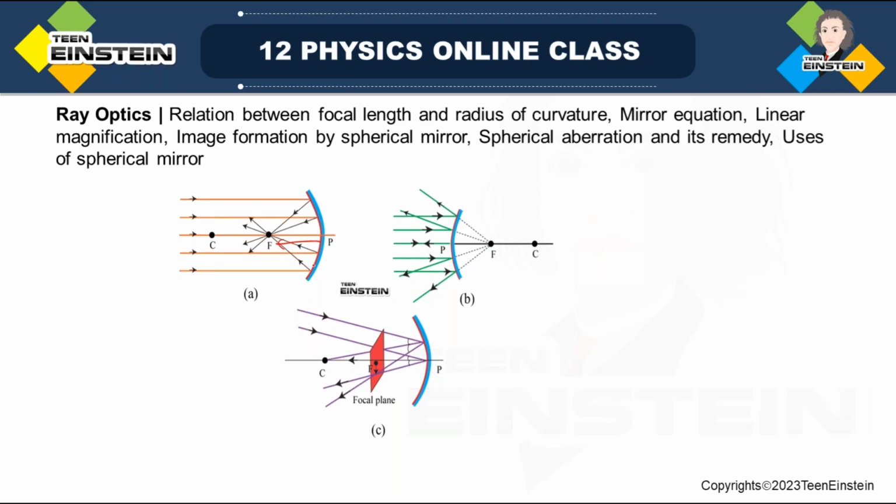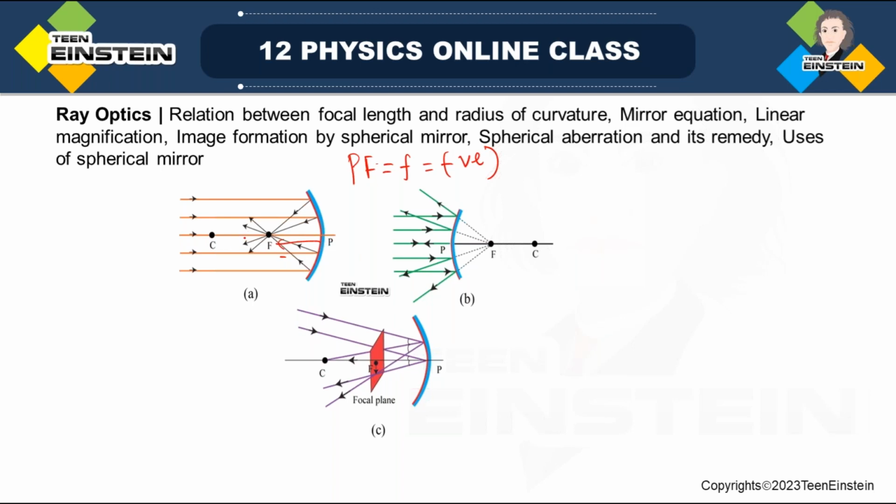In case of the concave mirror, the distance PF is measured opposite to the direction of incident ray, in the negative axis. So the focal length, denoted by small f, will be negative in case of concave.